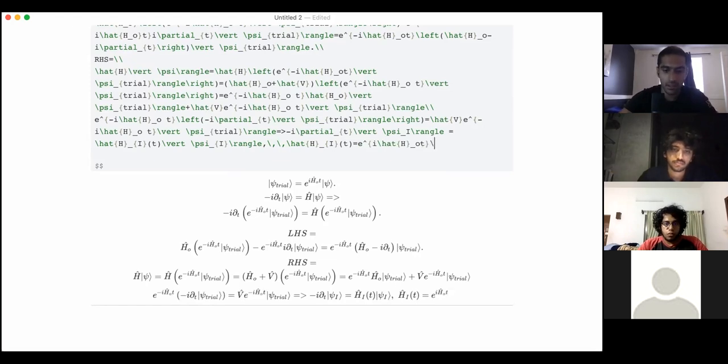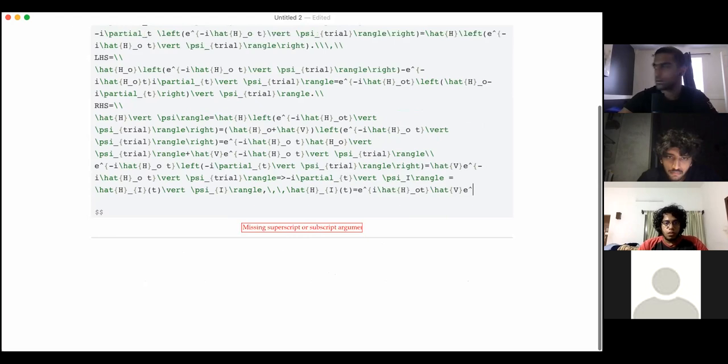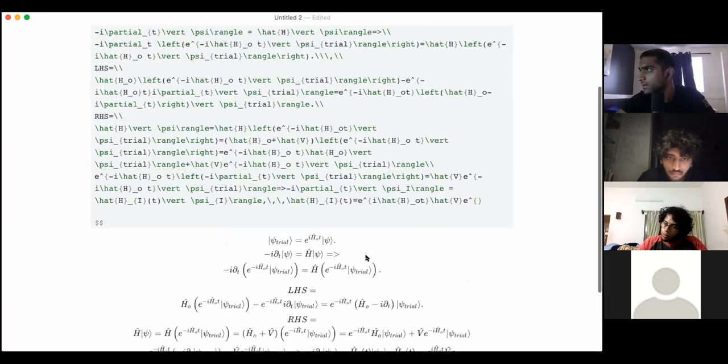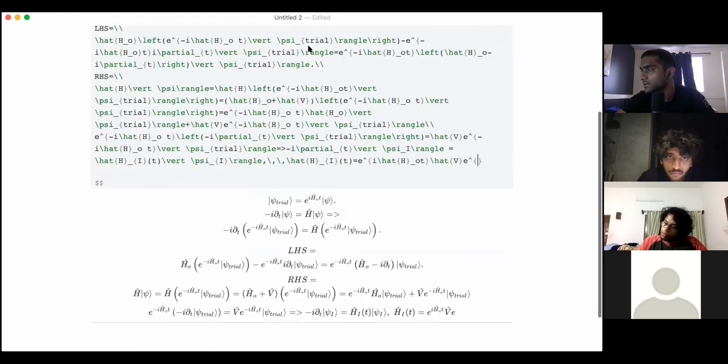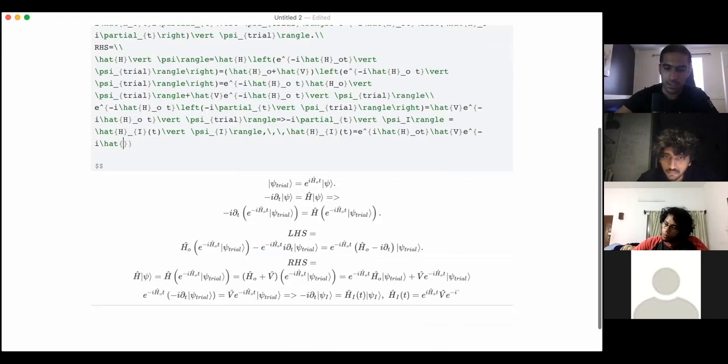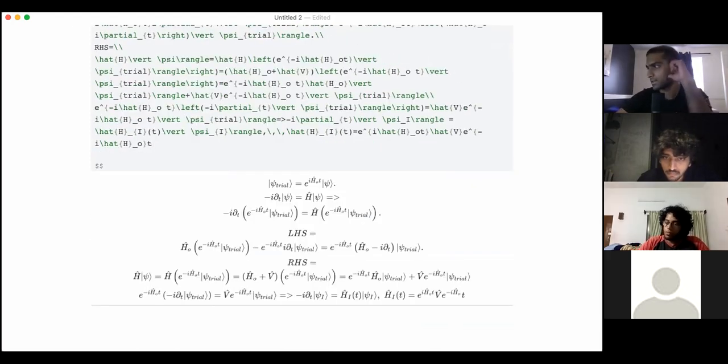I think that the minus is on the right. Yeah, minus is on the right.